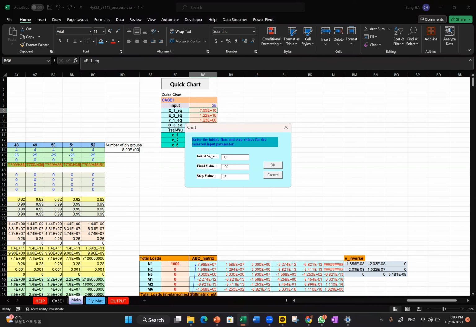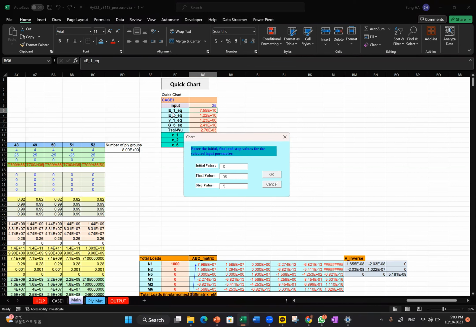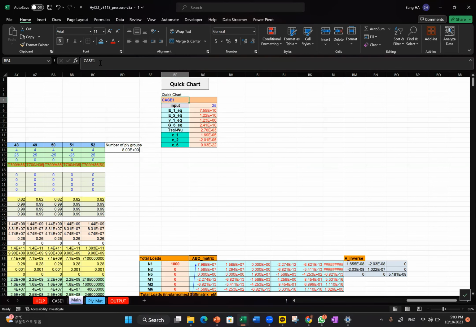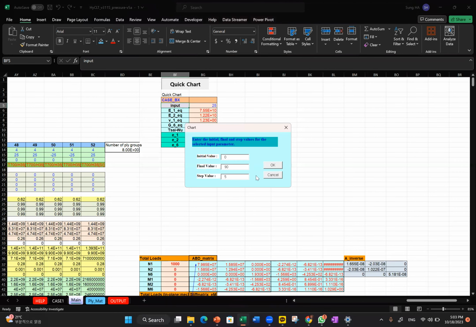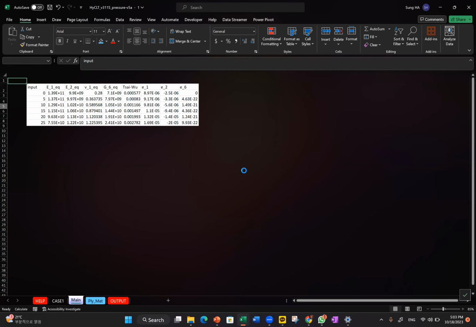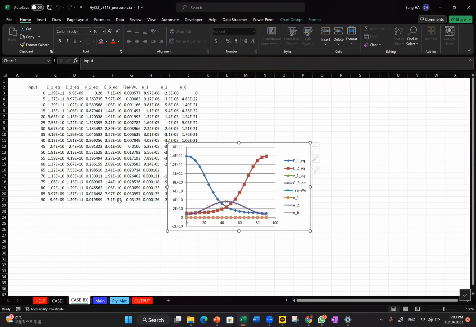And then for each one, we would like to calculate epsilon E1, stiffness, and so on. So this is case 1. I will call it case BX. BX means the biaxial. Click here and this, and then click. Now, as you can see, the output file case BX is automatically generated.